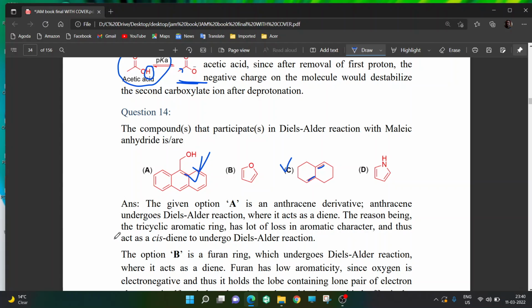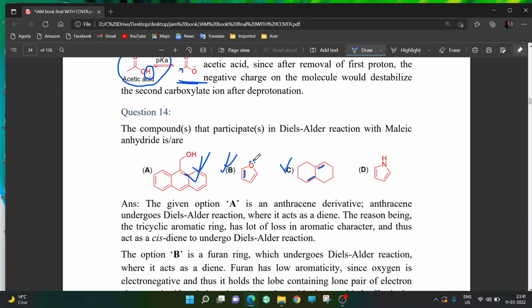This is a furan. Furan also undergoes it, because this looks aromatic, and it is aromatic to a certain extent, because to have 4n plus 2 electrons, the lone pair of oxygen also needs to be involved. So it is 2 plus 2, 4 plus 2, that will give you 6 electrons, that follows 4n plus 2, that is Huckel's rule. And so the system is aromatic.